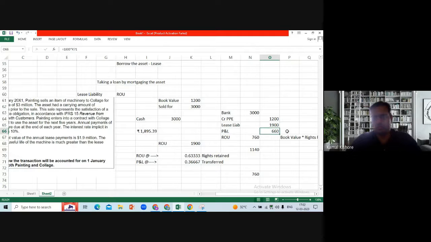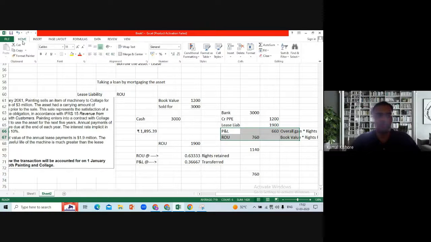So gain into the rights transferred. This is the only thing that we need to calculate as far as this particular question is concerned.